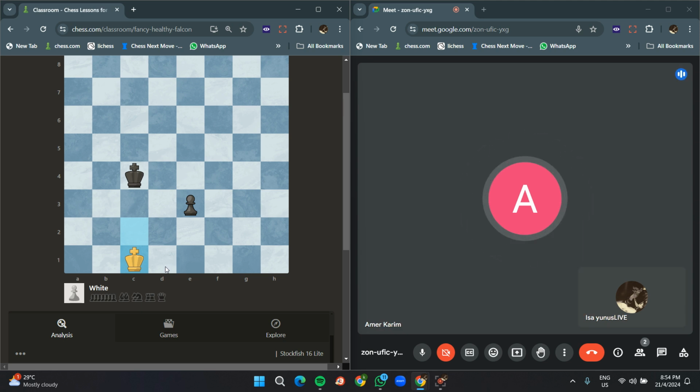Hmm. So what do you think black should play here? No, black is winning here. Try to find the winning idea. Yes, why not? This opposition. And now again you can take the opposition.